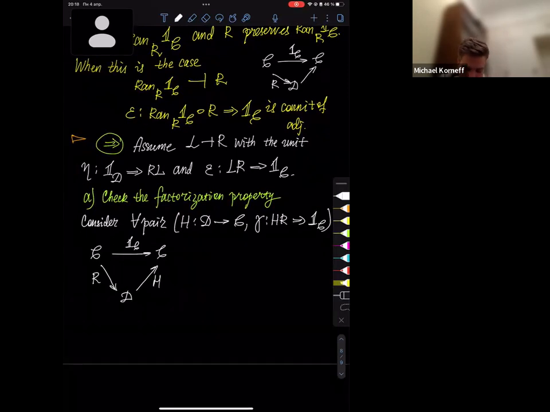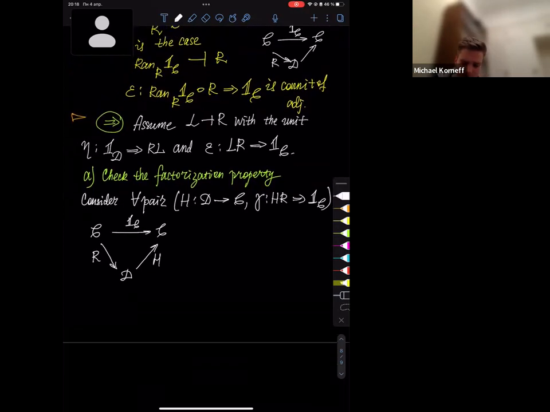And now we want to prove that this is actually the Kan extension, and to do this we should verify the factorization property and uniqueness of the corresponding natural transformation.